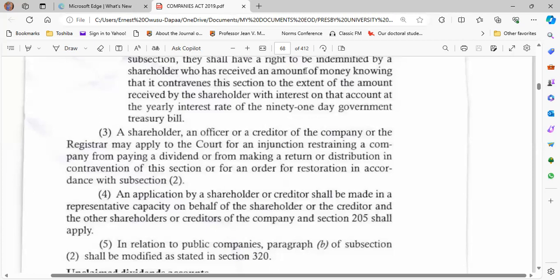And for that matter, when you are going to court, you are going in the name of all the people who are affected. And that is why you have to go in representative capacity.